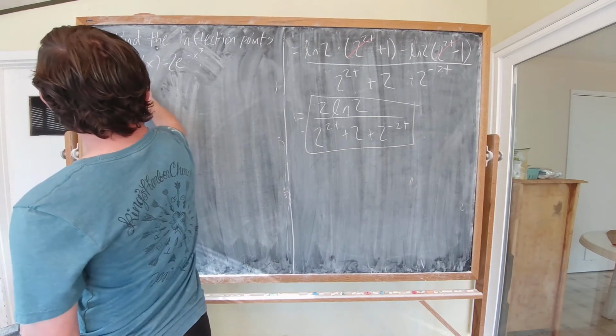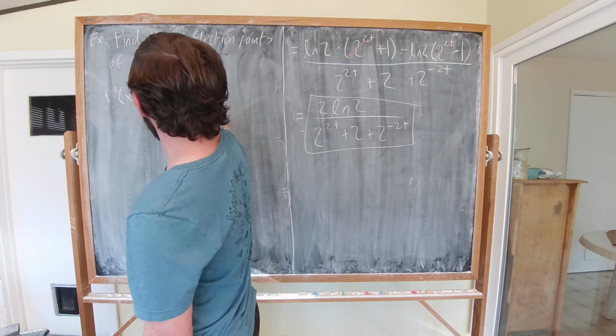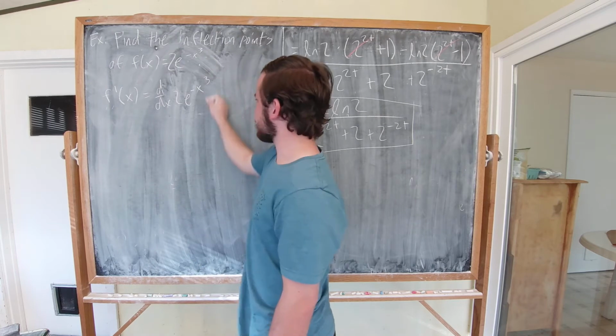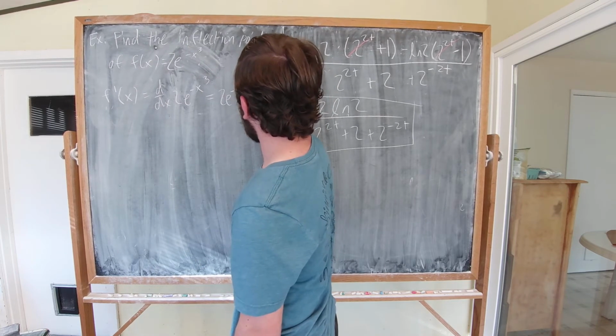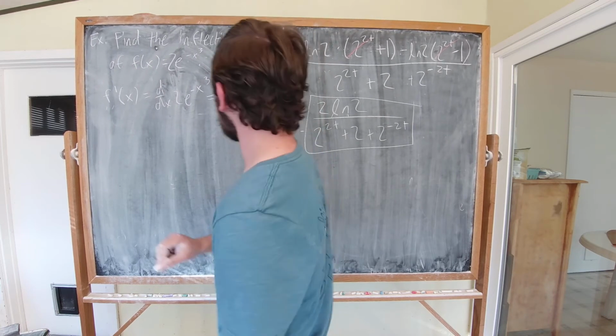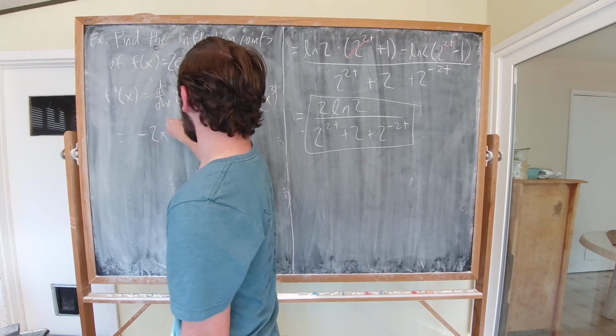F prime of x will equal d/dx of 2e to the negative x cubed. 2 pulls out in the front, and we're just going to be left with 2e to the negative x cubed times the derivative with respect to x of negative x cubed.